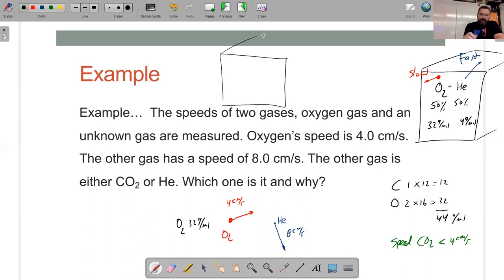if you have a sample of a gas in a container, and let's say that we begin by segregating the gases. So let's say that I've got the helium like here, and then I've got some oxygen here, and then there's some CO2 up here.